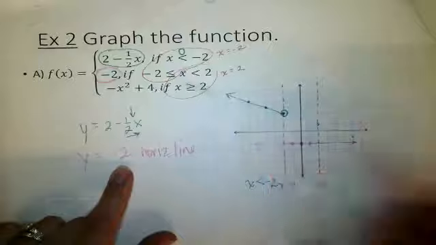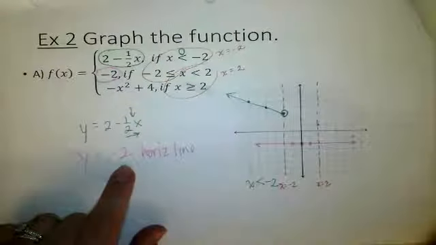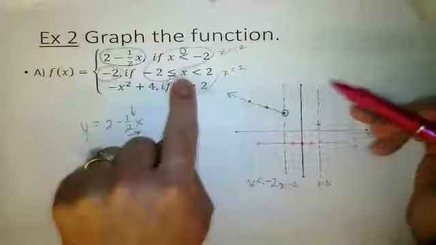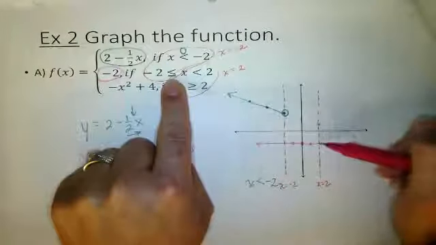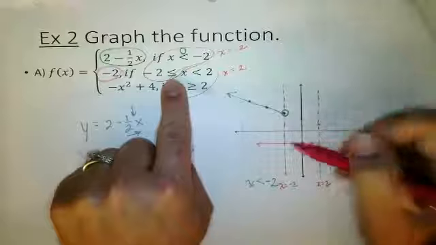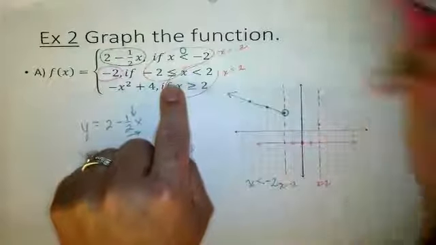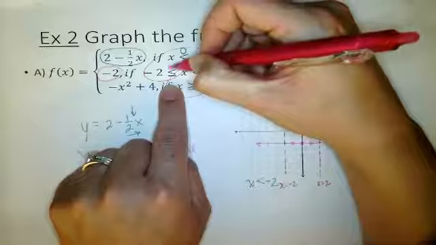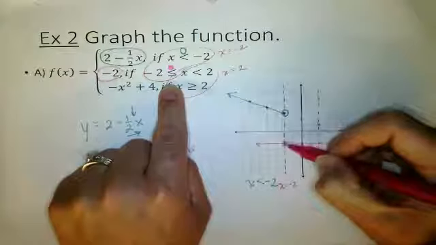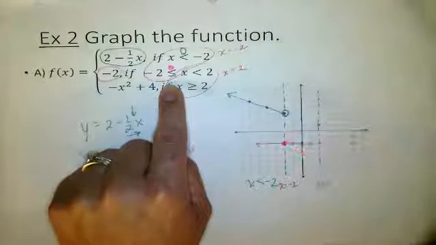Do I want the whole thing? No. What do I want? The middle. For x values greater than -2 and less than +2. At -2, open or closed dot? Solid dot, because we're equal to -2. So I'm going to put a nice big solid dot on my boundary line.